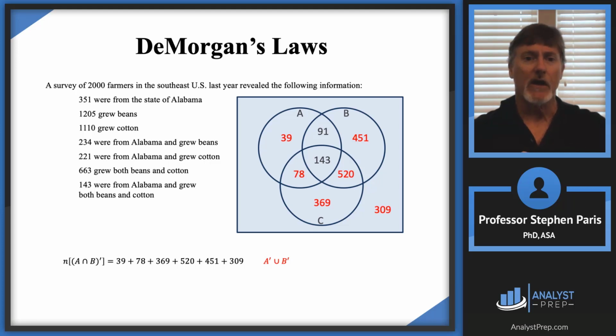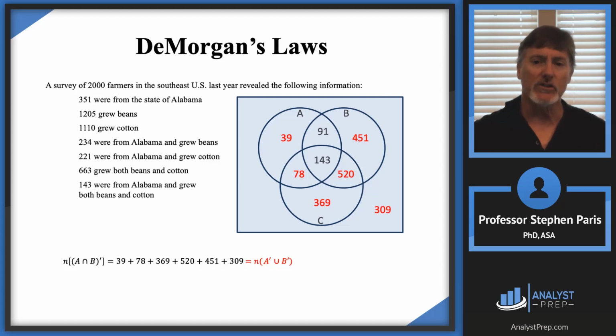Notice that now those in red are exactly the same, whether I'm thinking of it as the number of outcomes in the complement of A intersect B, or the number of outcomes in the complement of A union the complement of B.